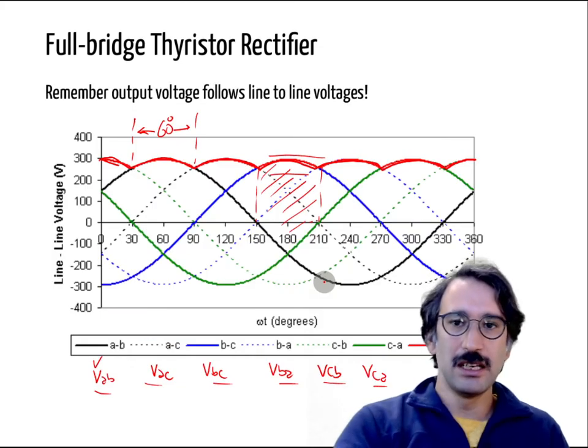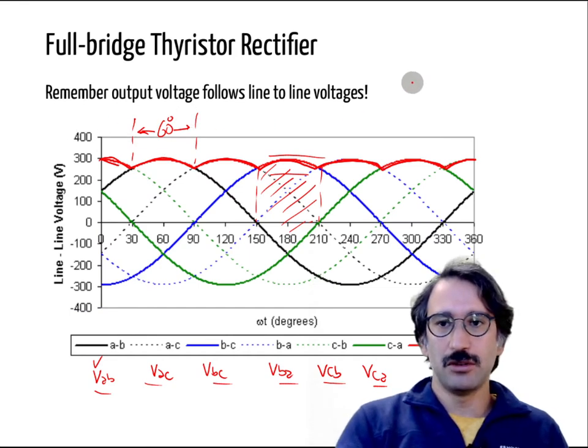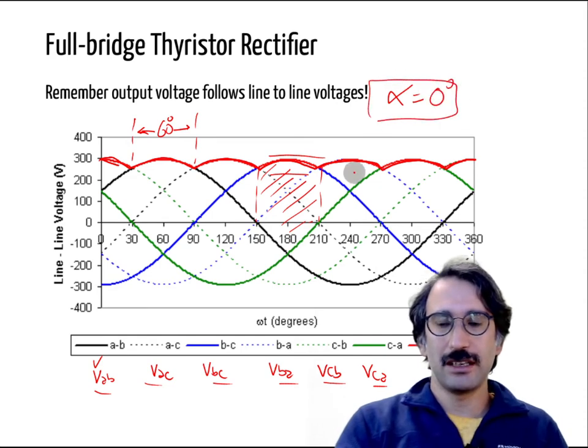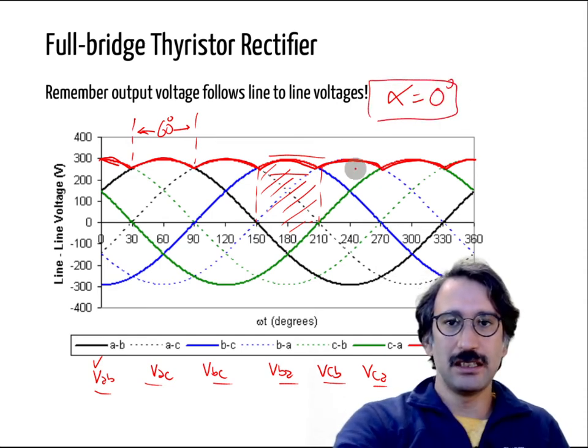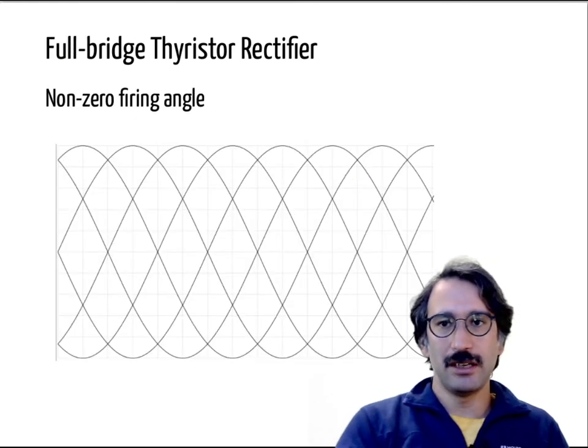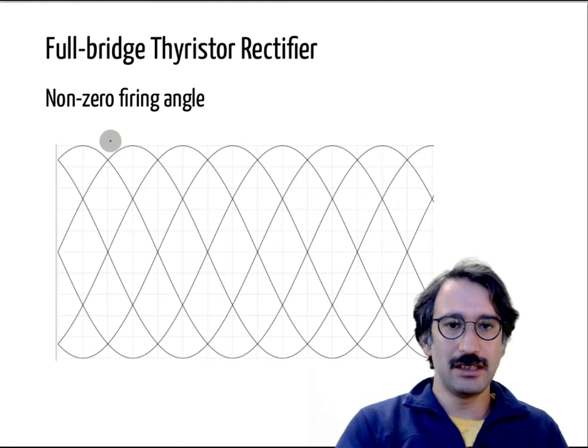This is for the diode, or you can say the firing angle is 0. When the firing angle is 0, it is identical to the diode rectifier. So let's see what we have for the thyristor rectifier.